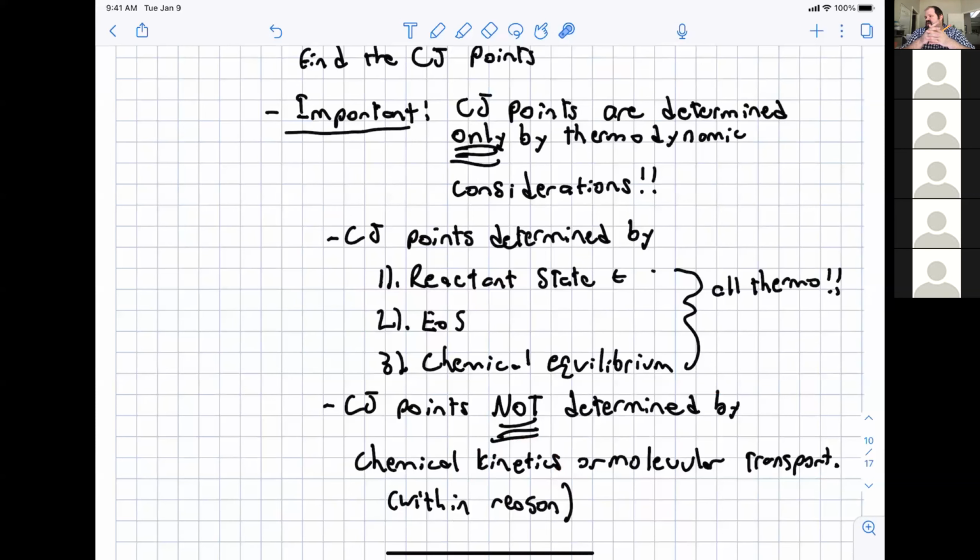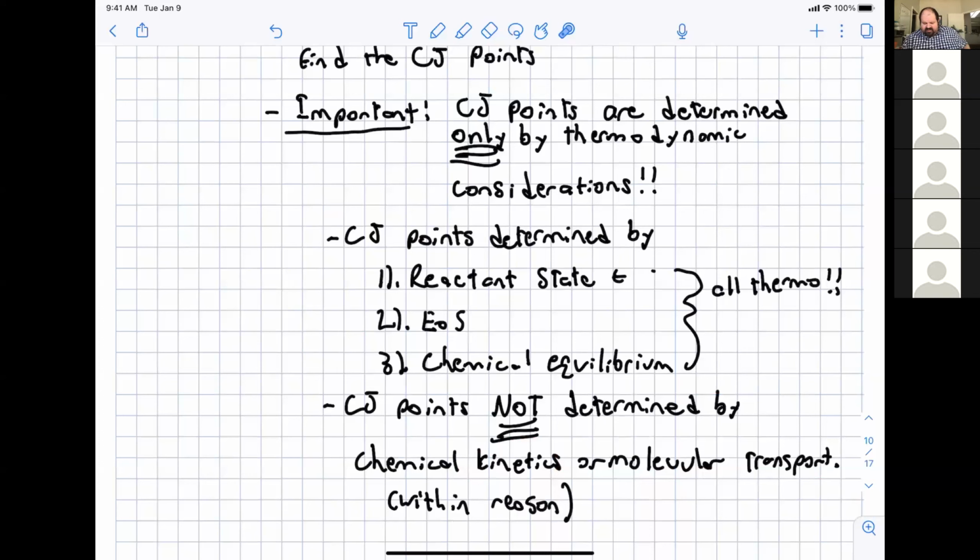And the reason I keep saying CJ detonation is that we will argue later on that a Chapman-Jouguet detonation is the only 1D planar steady detonation that is stable. Either the other ones are unstable with the CJ point as an attractor point, or they are unphysical. It is one or the other.